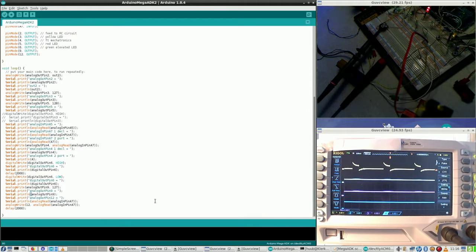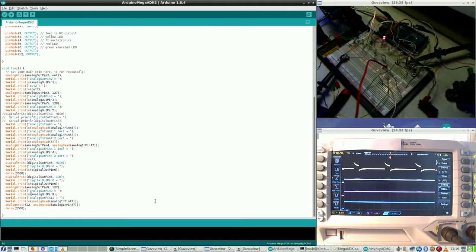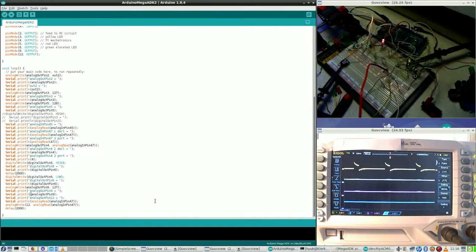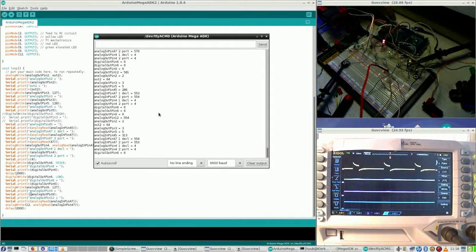Alright, now this doesn't work, obviously. There's maybe one other solution. The Arduino has a reset button. So I'm going to see if that might give the solution. I'll keep this open, and right here is the reset button.